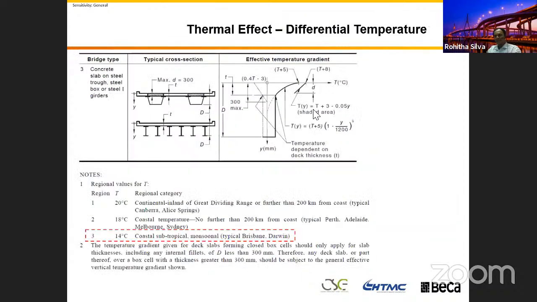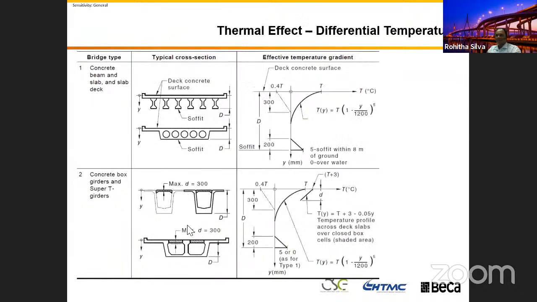If not, corresponding to the Australian context, like Brisbane, Darwin, use the 14-degree differential temperature. If you use it on a concrete box girder kind of bridge, the 14 is on the top, and within 200 it will reduce down to 0.